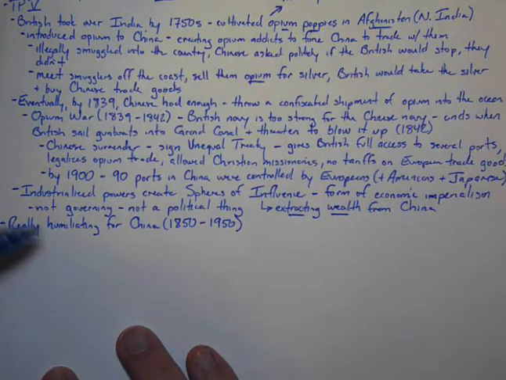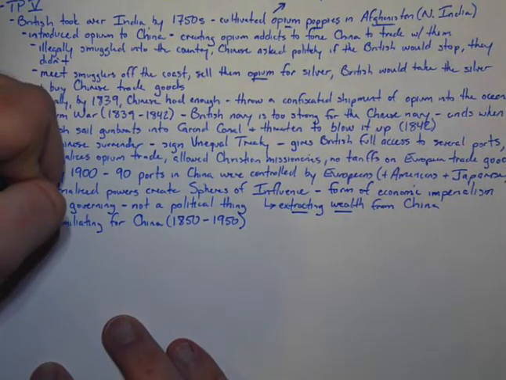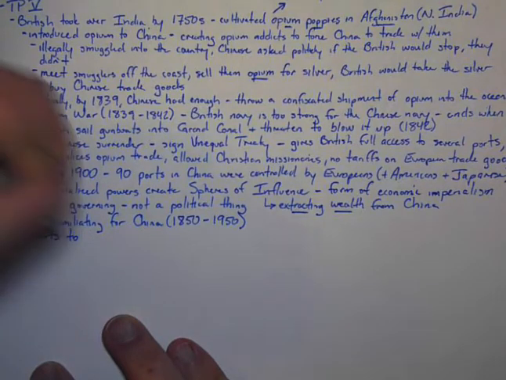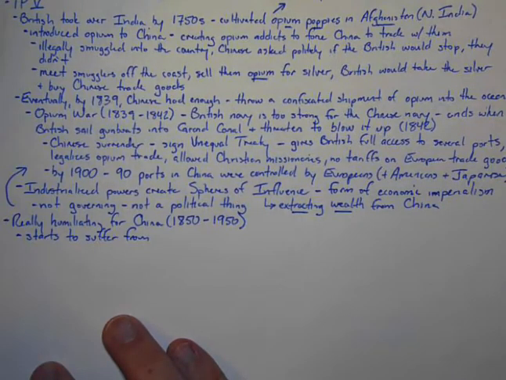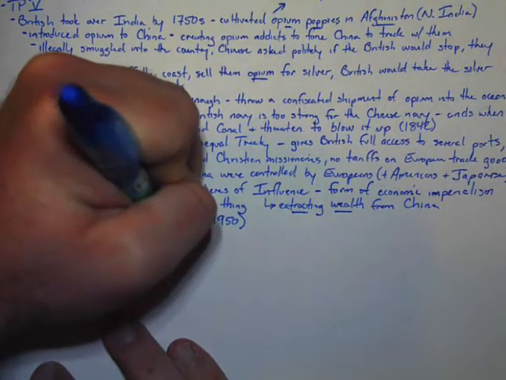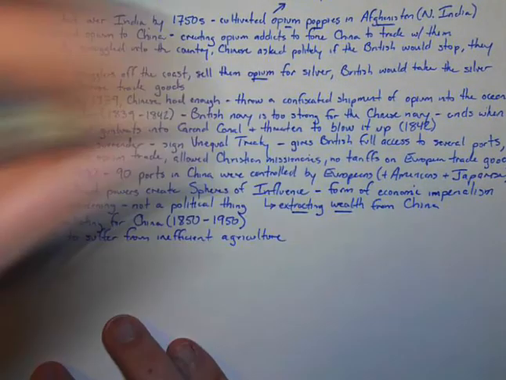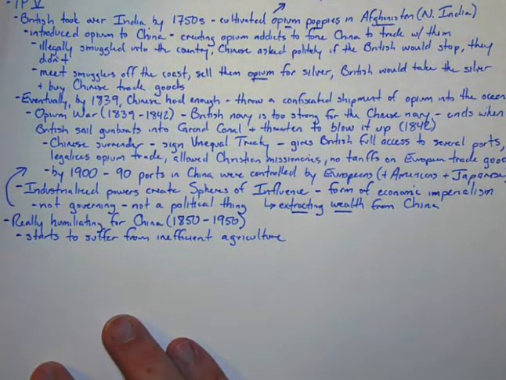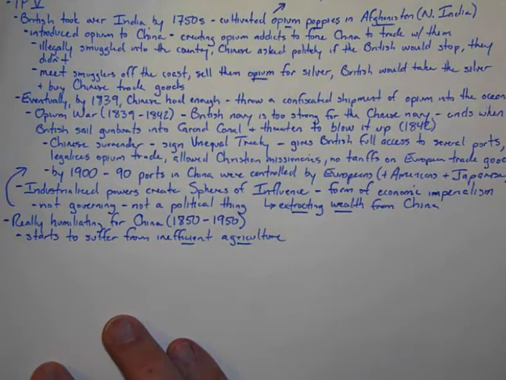Now, on top of all of this stuff, China also starts to suffer from inefficient agriculture. Remember, the rest of the world is growing more than enough food for its population, but China never really came up with better farming techniques.